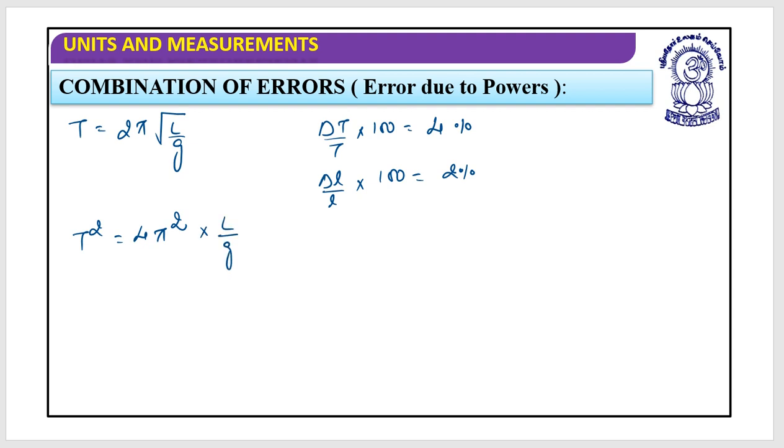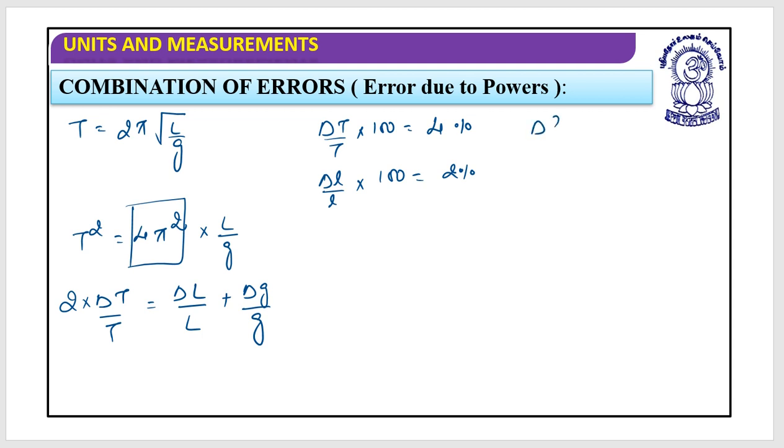Now I need to apply error due to power. It's twice of delta T by T. Now 4 pi square is a constant number, and a constant cannot have any error, so you just drop it. You have L, which I write as delta L by L, and G, which you write as delta G by G.